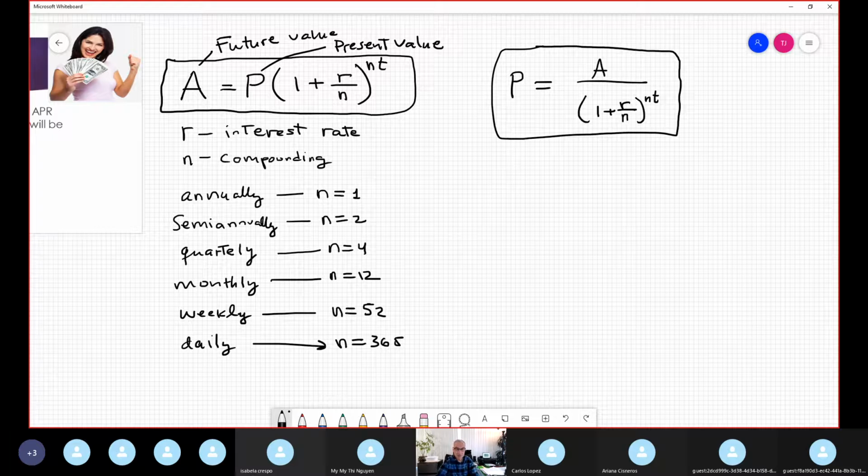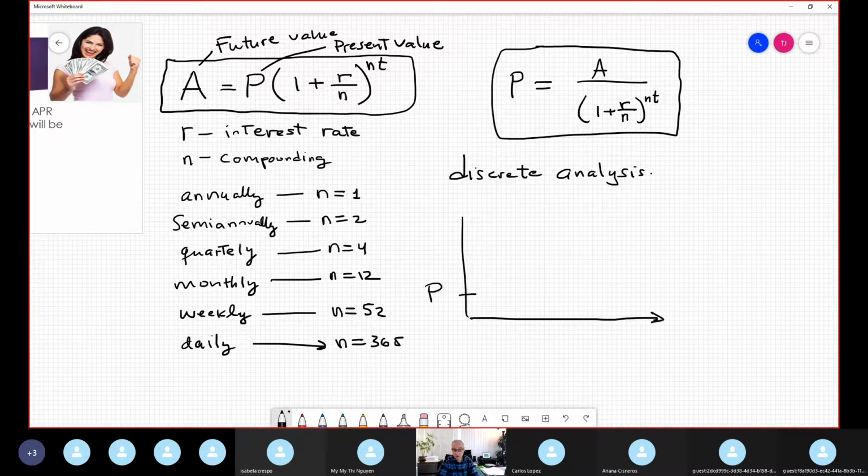In this example, this is discrete analysis, because the money increases like stairs, step by step. Suppose you have P, and time. You deposit and the money increases like that, like stairs.